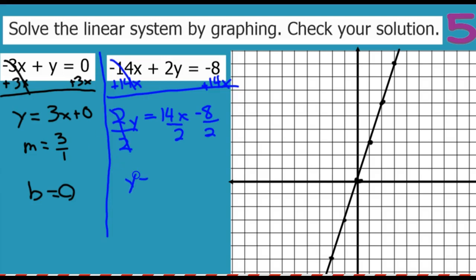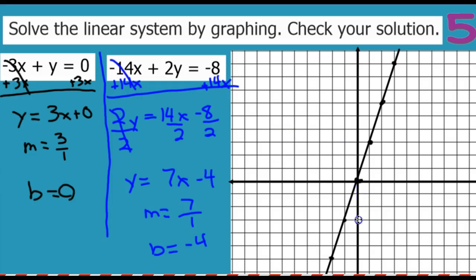And we get y equals 7x minus 4, which makes our m 7, or 7 over 1, and our b negative 4. So we're going to begin at negative 4.